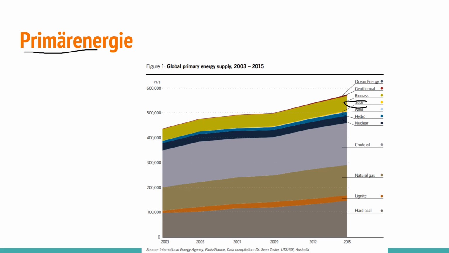Because we are talking about primary energy. You always have to know that if you look, for example, at hard coal, only one third of it is really going into electricity, and the rest is lost. That's always true.